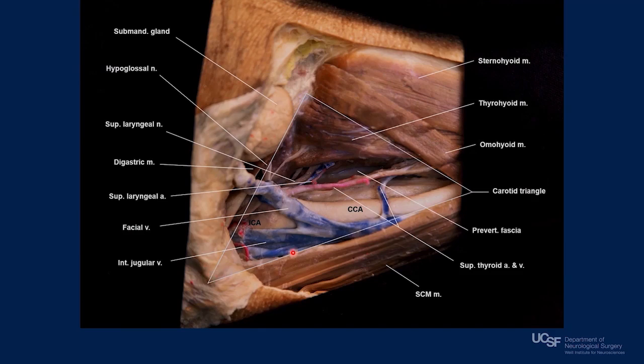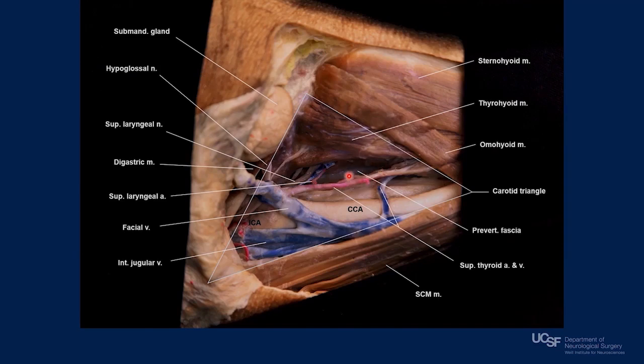And we can also outline the carotid triangle, which is formed anteriorly or medially by the superior portion of the omohyoid muscle, laterally by the medial edge or border of the sternocleidomastoid muscle, and superiorly by the inferior edge of the posterior belly of the digastric.